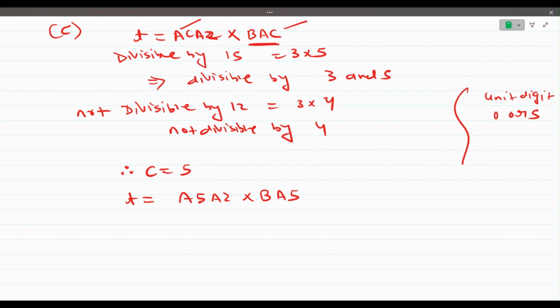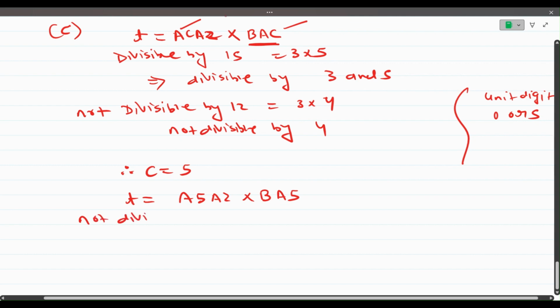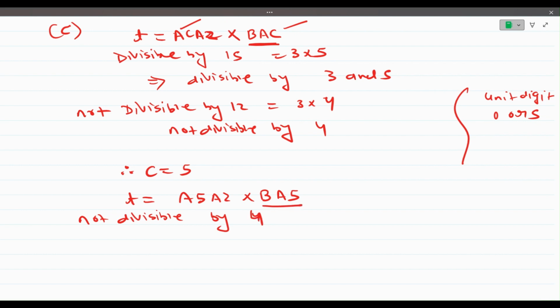Now we first see that it is not divisible by 4. BA5 is already an odd number, so it is not divisible by 4.